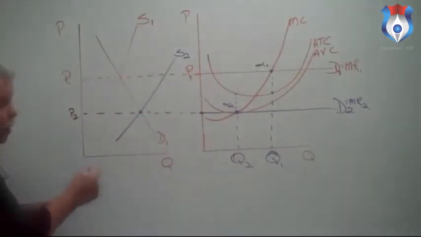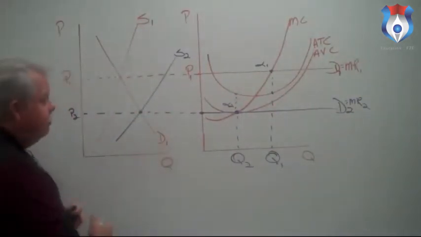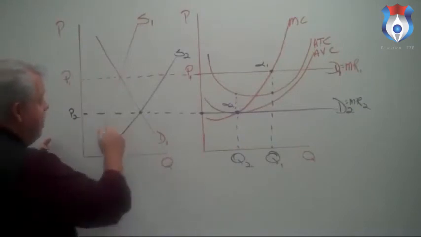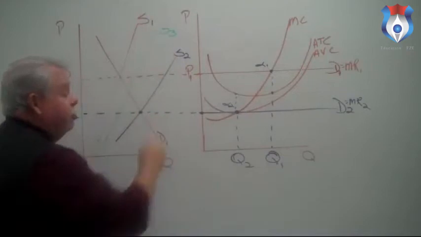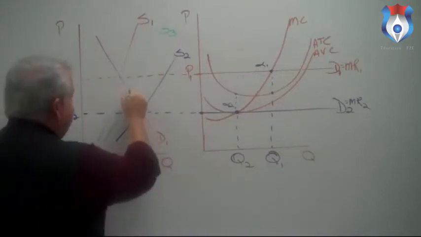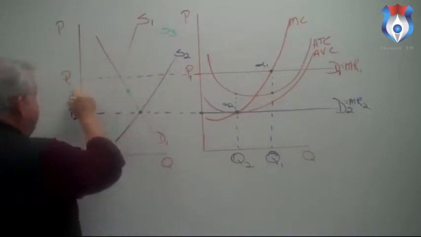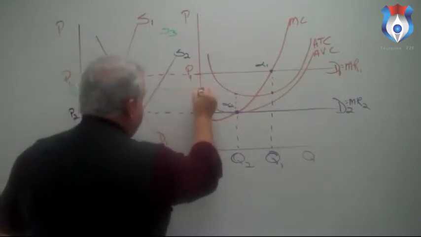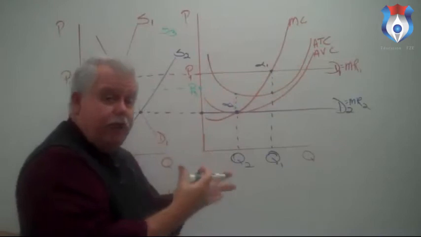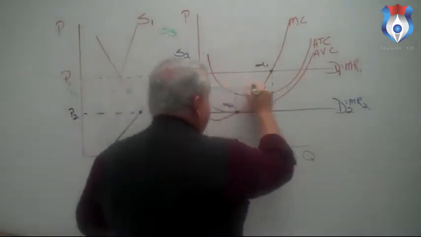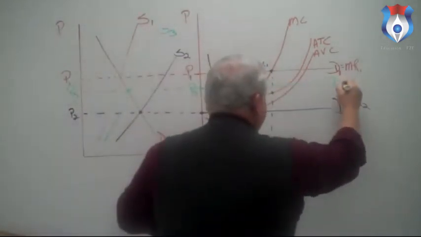When some sellers go out of business, we're going to have a decrease in supply, let's say to S3, which is going to raise the market price to P3, which translates over here to P3. For the companies that stayed in business, they're now looking at demand curve number 3.